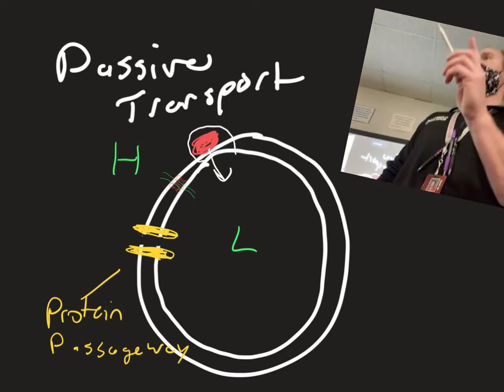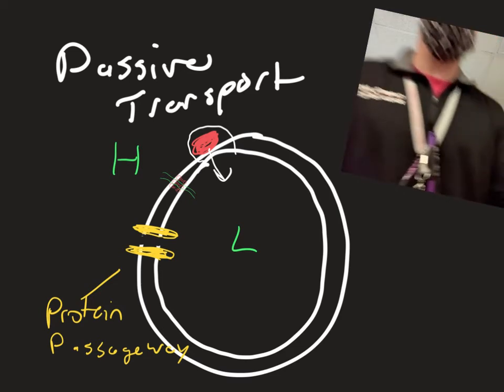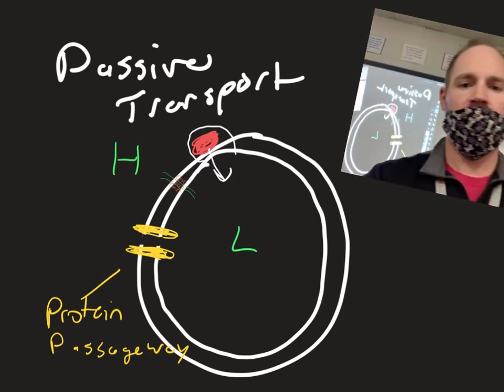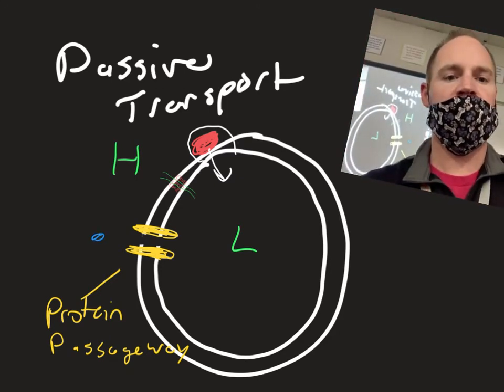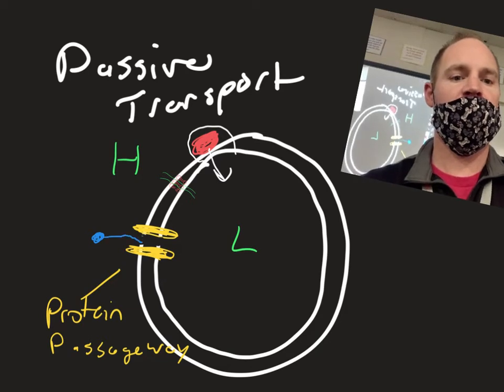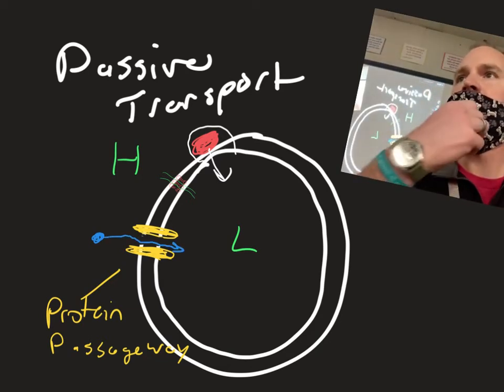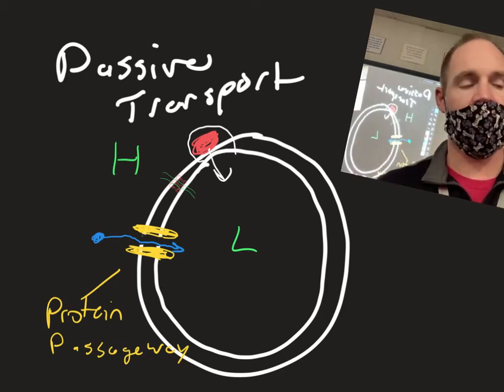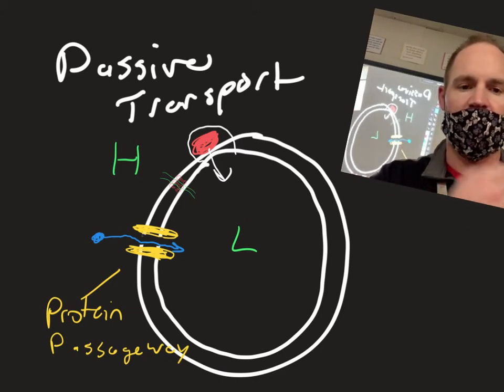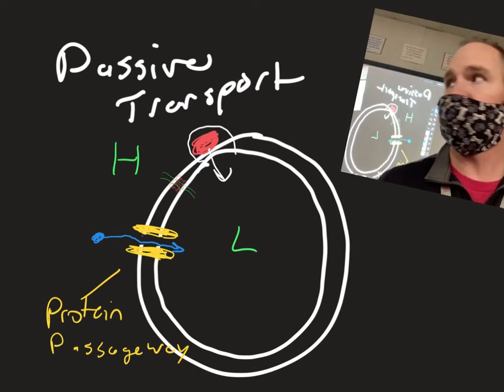But some are sort of medium-sized. And these medium-sized ones, we said went through the protein passageway. They're able to fit through there and pass right on through that protein passageway.